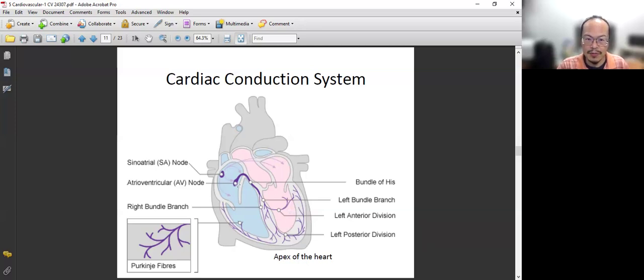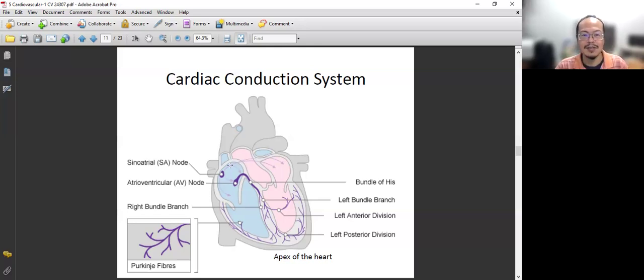The electric signal will go through the AV node, the bundle of His, the left and right bundle, and then the Purkinje fibers to the left and right ventricle. This will take a little bit of time because you need to have atrium contraction first, and you don't want to excite the ventricle too quickly. You want to excite them after that 0.2 second of the atrium action potential. So it will take about 0.2 seconds to reach the left and right ventricle. Then the left and right ventricle get excited all together, and then they will contract together.